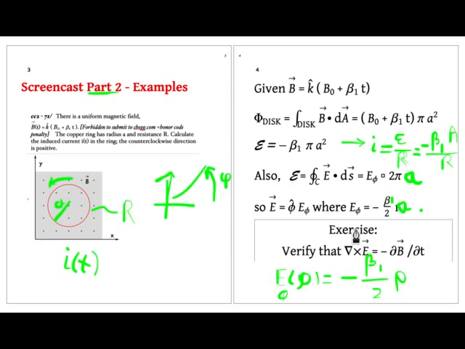And now the exercise is calculate the curl of this vector field. And if you've had a course in advanced calculus, you should be able to calculate the curl and show that it's equal to minus dB dt. So that's the differential form of the field equation.